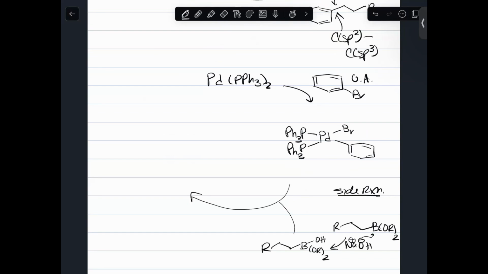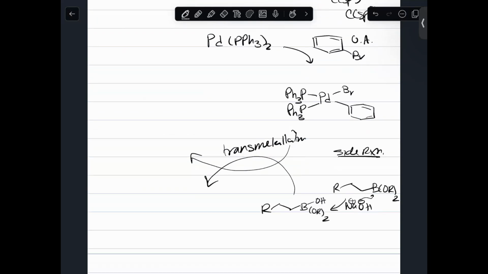Now it can go ahead and do a transmetallation. It's really clever how they figured this out. Excuse me. I'll just write phenyl group for my group.